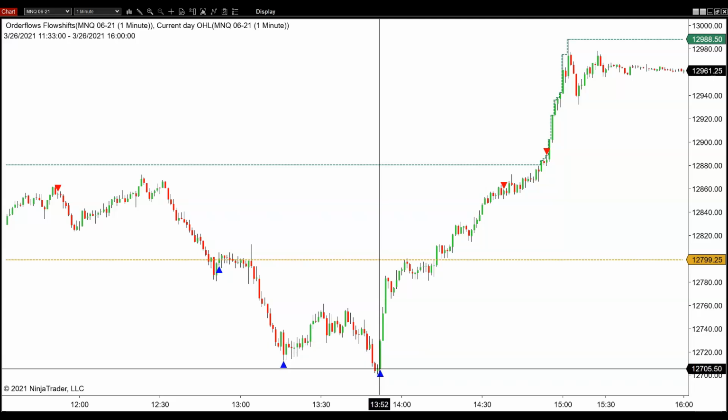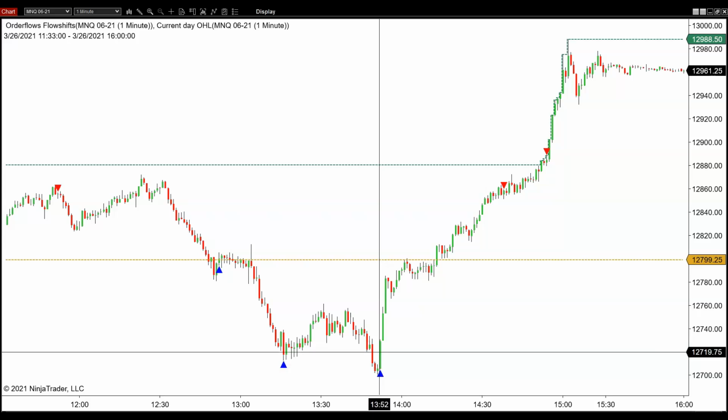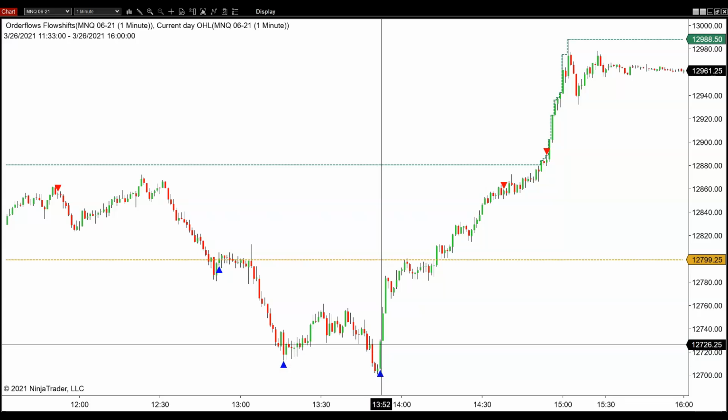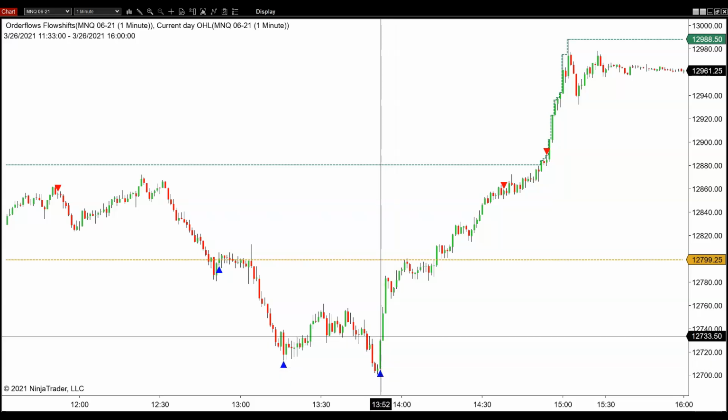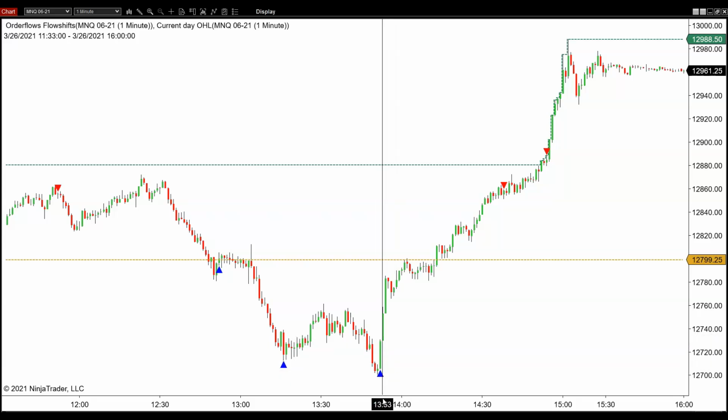So 29.5 to 5.5, what is that? That's over a 24-point range in one bar. So imagine if you're using a 10 range chart on MNQ, in this one bar you've got what, 4 bars. So just bear that in mind.